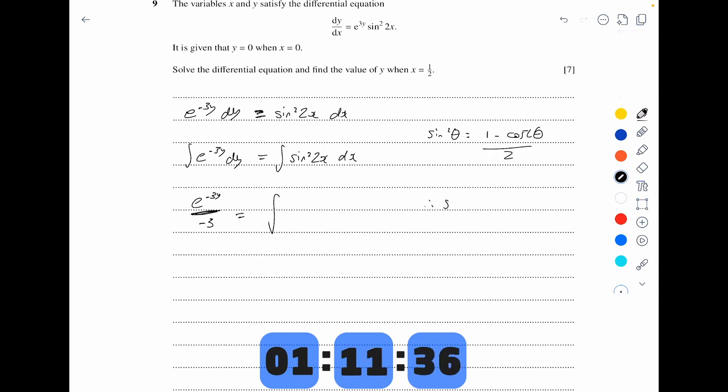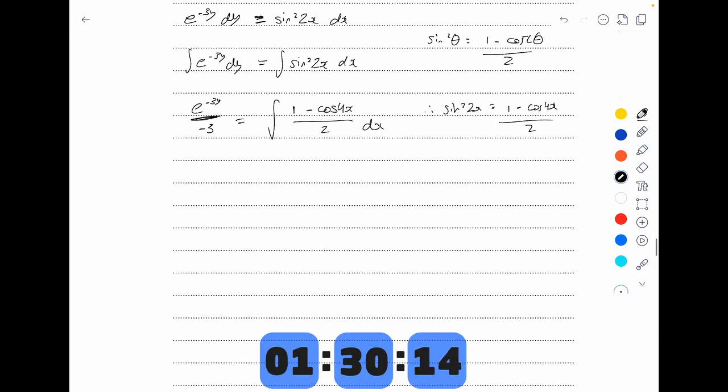Right, so therefore sine squared 2x is going to equal 1 minus cos 4x over 2. Okay, 6 minutes. So we therefore have over here the integral of 1 minus cos 4x over 2 dx, right?